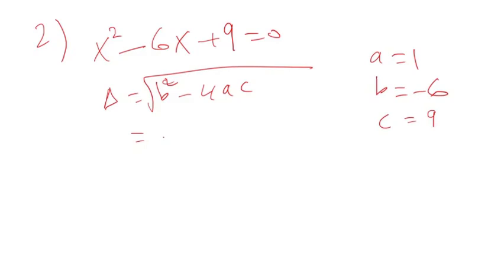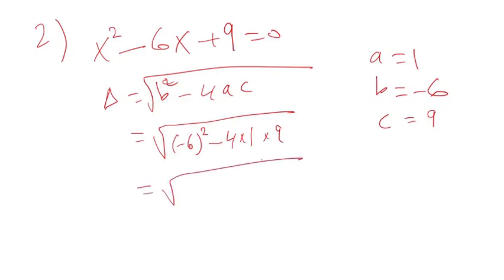So delta is equal to the square root of b squared, which is minus 6 squared, minus 4 times a times 1 times c times 9. So the square root of minus 6 squared is 36, minus 4 times 1 is minus 4, times 9 is 36. So delta is 0. When delta is equal to 0, that means there is only one solution.